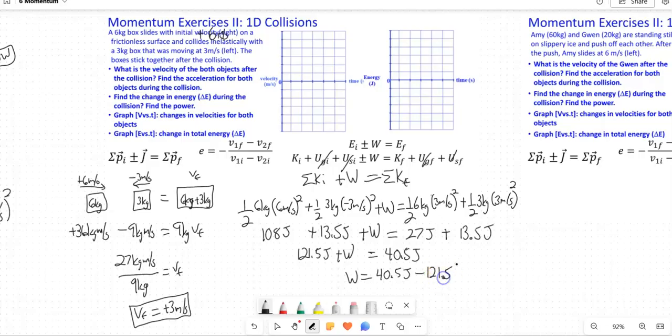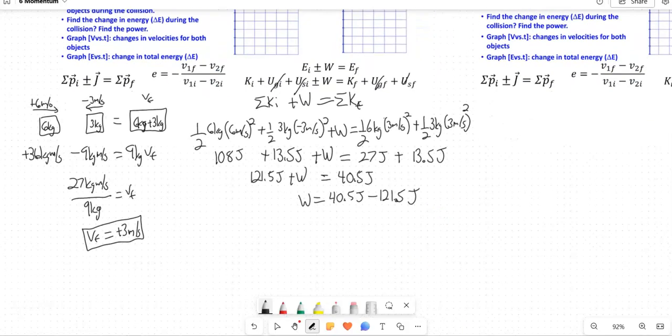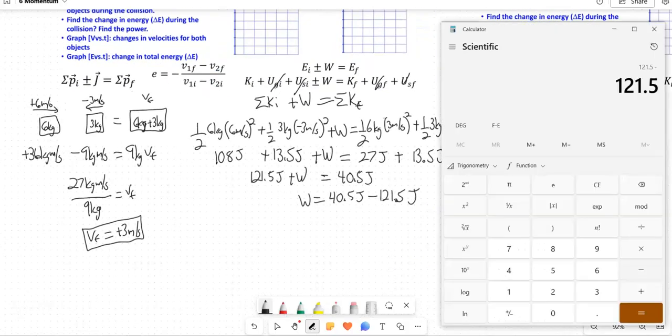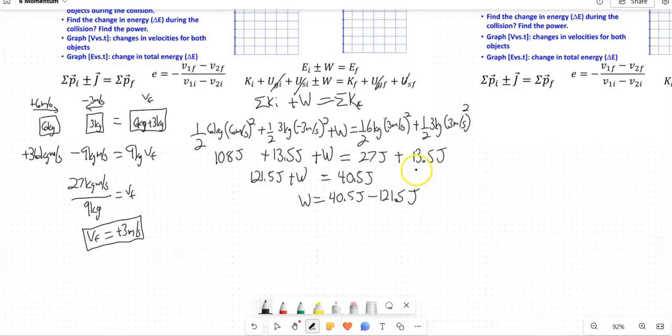In explosion problems, it's the opposite. So in the next problem, you'll see when two things are together and they explode, there's a positive work. So minus 40.5 equals 81. So the amount of energy lost is 81 joules.